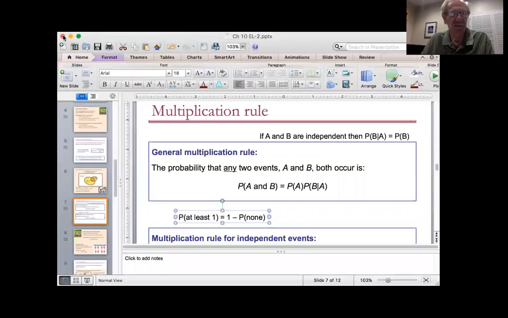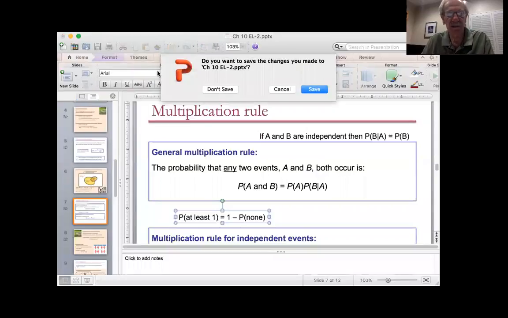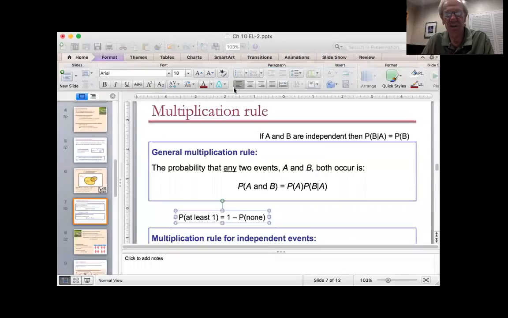Get rid of that. Don't save, obviously. Share, okay. So now I'll go open this again. Chapter 11. Well, I need to go back to the course again, darn it.